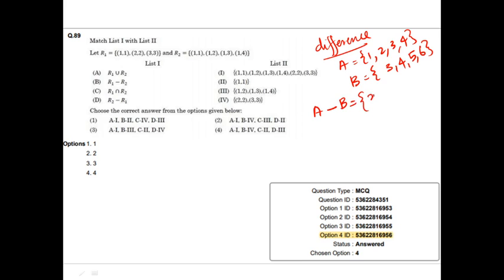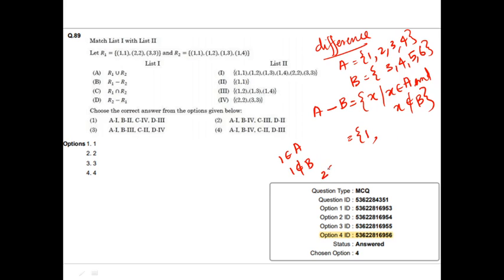A difference B is an element X such that X should be present in A and X should not be present in B. So what are the elements that come under this category? Elements that are present in A, not in B. Here you can see that 1 is present in A, and 1 is not present in B, so we can include 1 here.